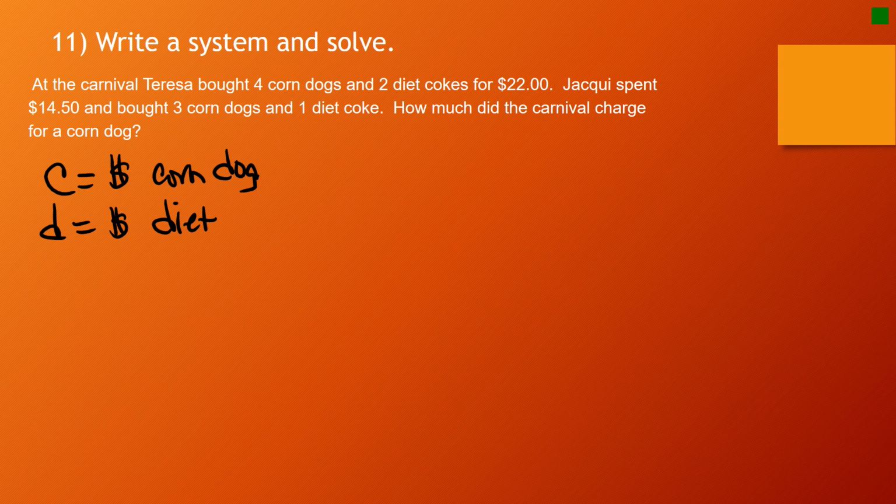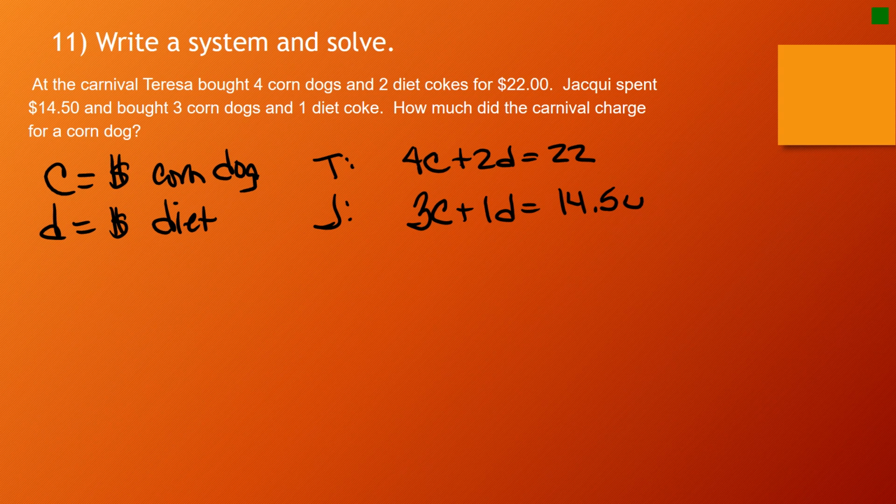So Teresa, tell me about Teresa. She bought 4 corn dogs and 2 Diet Cokes for a total of $22. Tell me about Jackie. She bought 3 corn dogs and 1 Diet Coke for a total of $14.50. These are set up in standard form, so I'm going to bring up the 3, bring down -4.